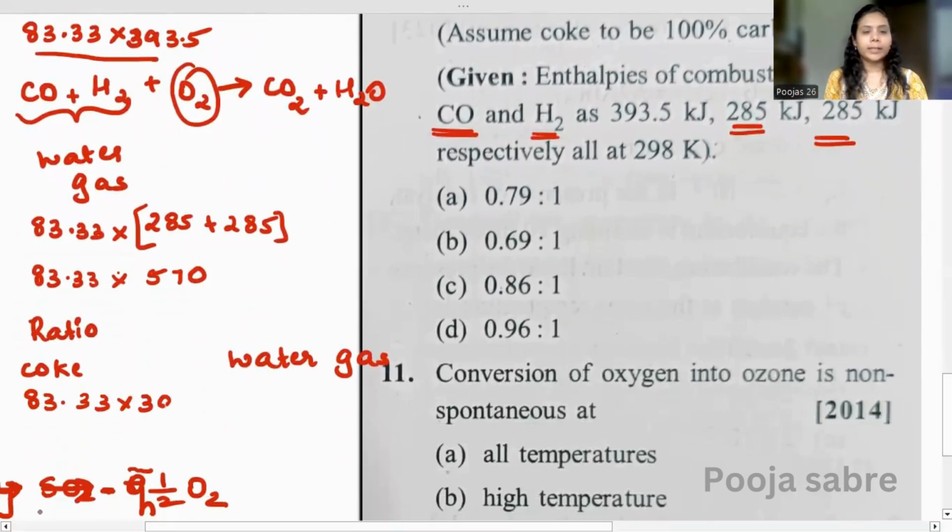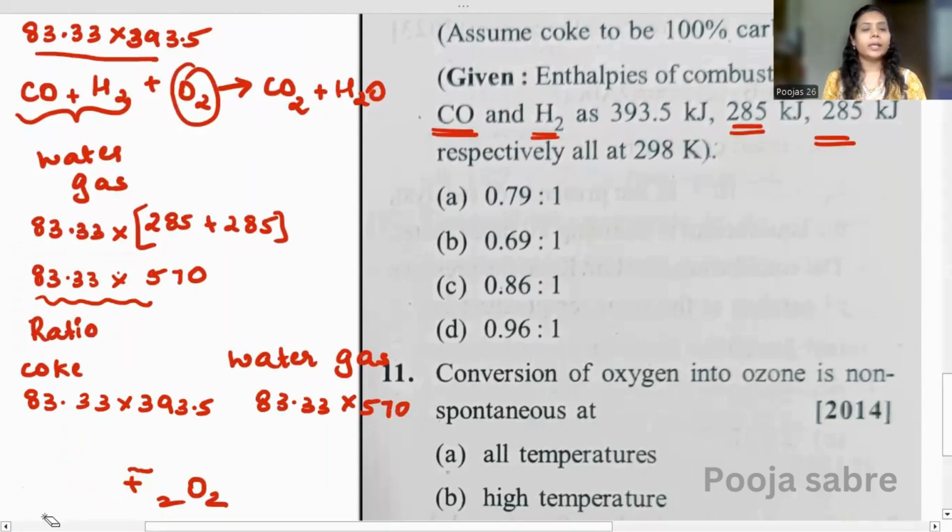into 393.5, and on the other hand we have water gas. Water gas, it is how much? 83.33 into 570. Okay, now for finding the ratio, simply we need to cancel out this because both are the same, and then 393.5 and 570 we have.